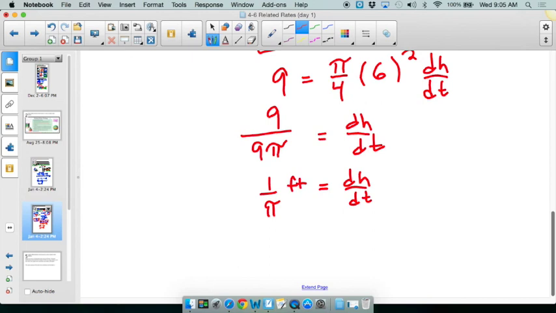This is why the Leibniz notation is so helpful with the units. We know h is measured in feet, so we need feet on top. What's t measured in? Minutes, so we need minutes on the bottom. If that were a V, it would be feet cubed. That's why the Leibniz notation is really useful for that last point you get when you get the units correct.